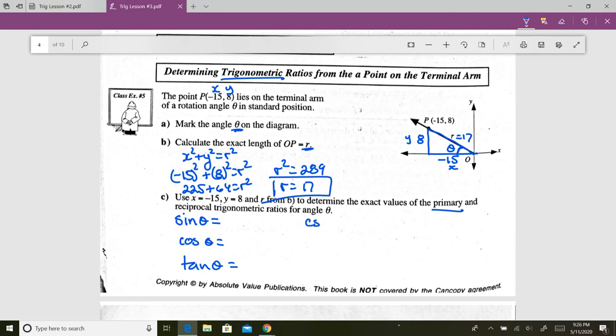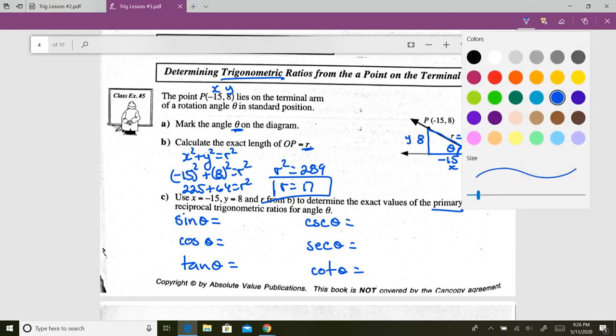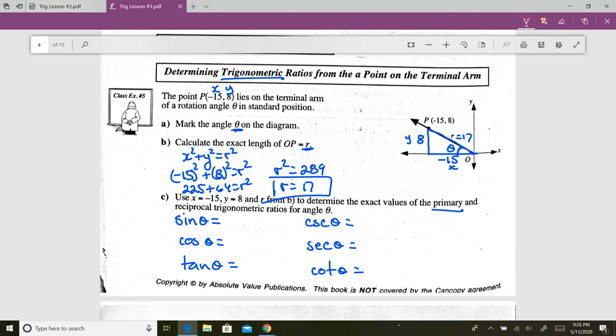So they want to know the cosecant theta, the secant theta, and the cotan theta. Well, it's easier to find the primary ones first. Sine of theta is equal to opposite, which is this side, over the hypotenuse, which is that. So it's just 8 over 17. This is all they're asking you to do, not calculate theta or anything. That'll be later on.